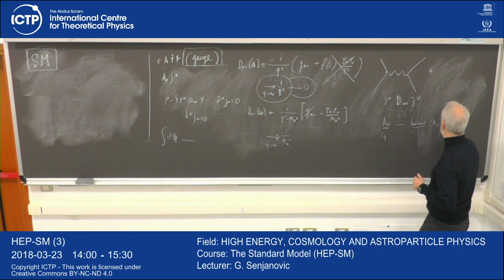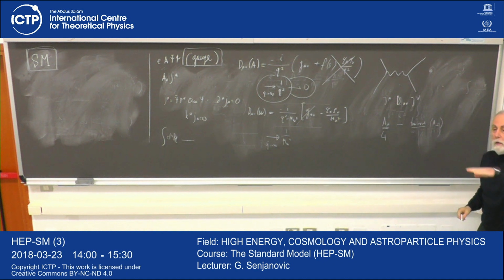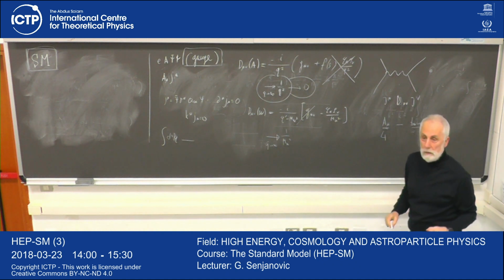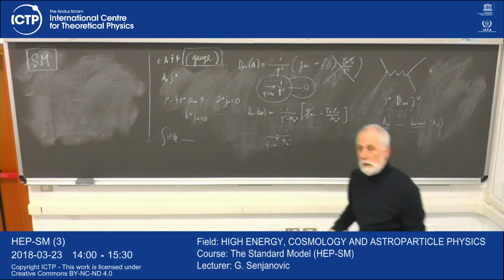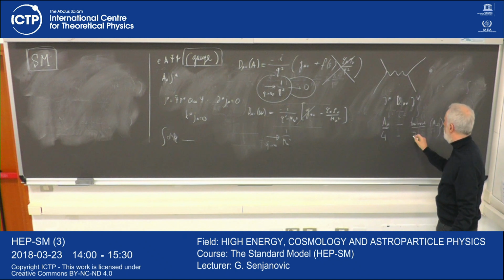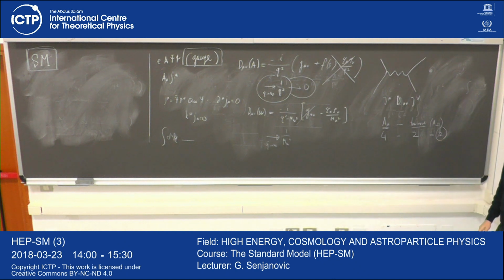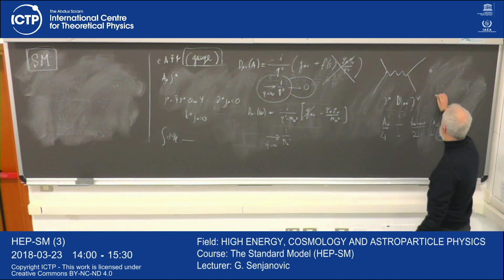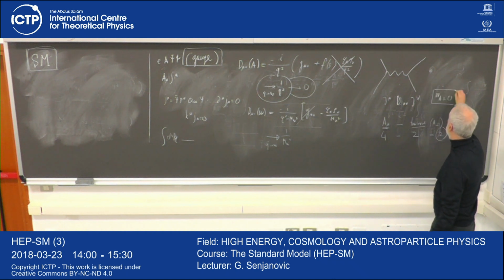Let's call them A transverse. Degrees of freedom perpendicular to the vector of motion, okay, to the momentum. So there are 2 physical degrees of freedom. So you see, I have 2 extra degrees of freedom. This is when M_A is 0, in a gauge 0.